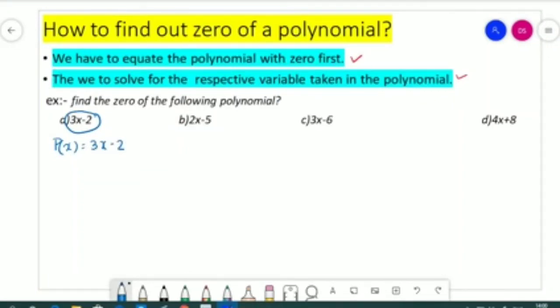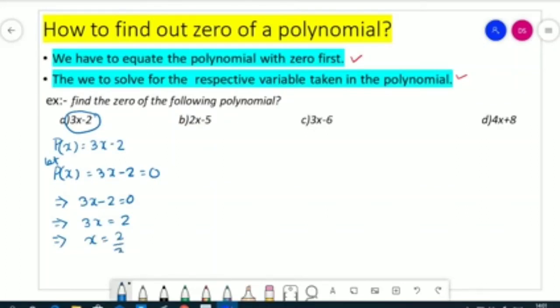Okay, now first step we have to equate the polynomial with 0 first. It means p(x) is equal to 3x minus 2, so we can write this will be 0. Now here simply we'll write 3x minus 2 is equal to 0. 3x is equal to, here it was minus, here it becomes plus, 2, so x is equal to 2/3.